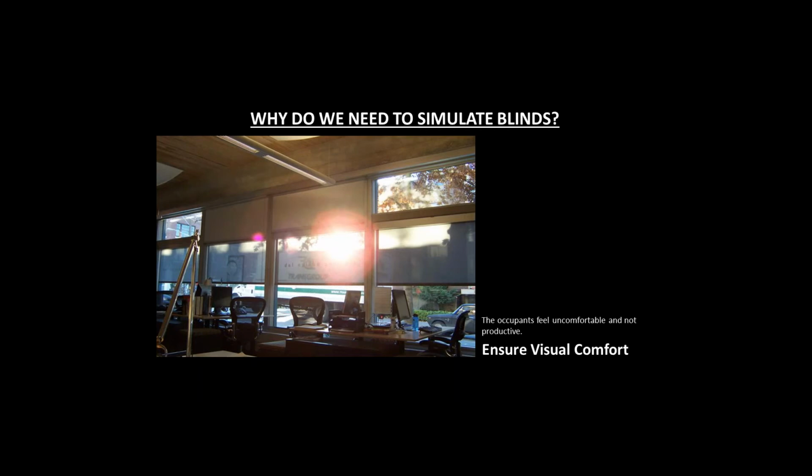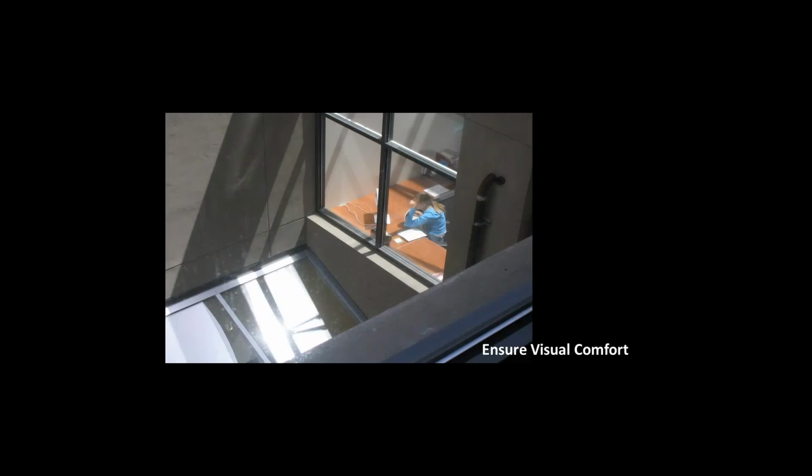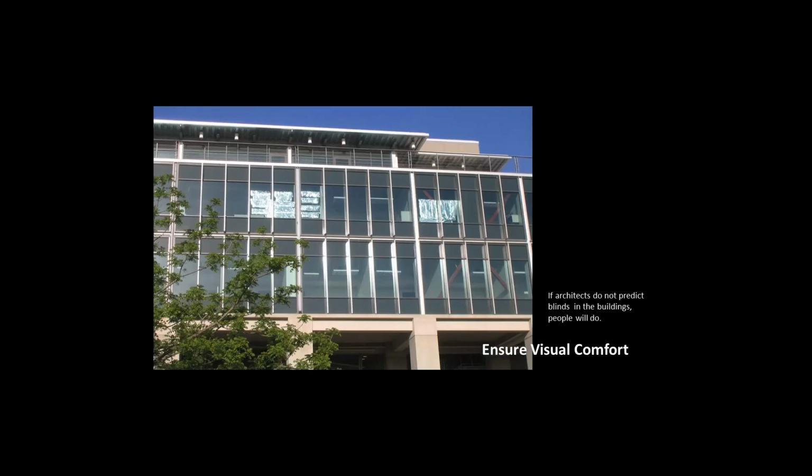So we need that in our model. And we don't want to be in her shoes, using our hands as shading. If architects do not plan for blinds in their building, people will do it like that.